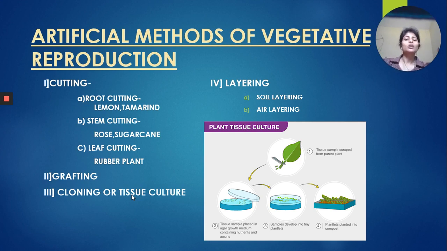Because a small part of tissue is taken and placed inside the culture medium. This culture medium is actually a mixture of some phytohormones which helps in the formation of root system and shoot system. So a small tissue is taken and kept in the phytohormones until there is growth of root system and shoot system. That is called tissue culture.